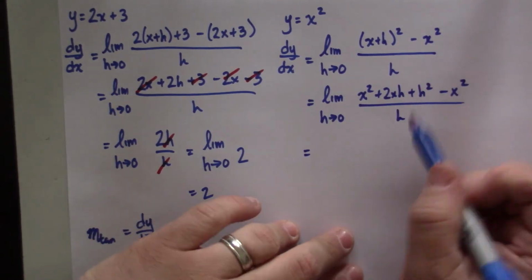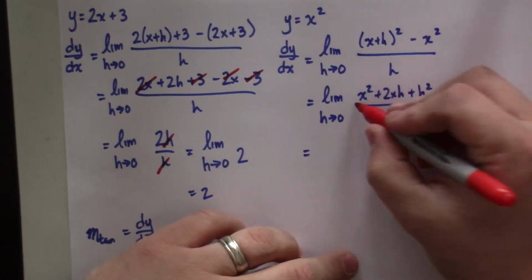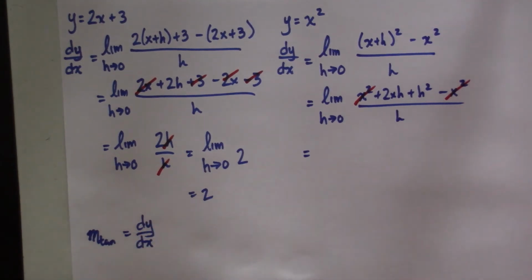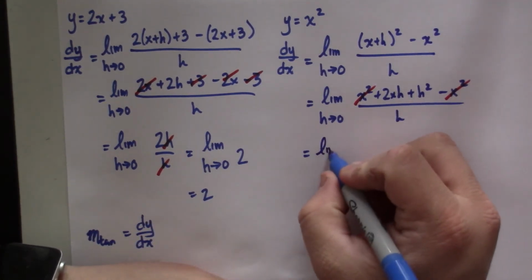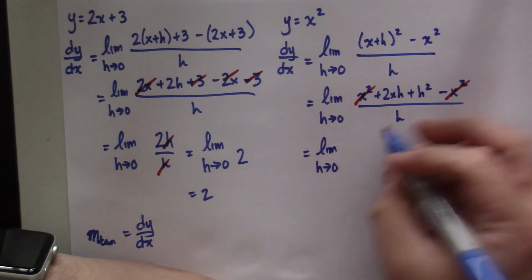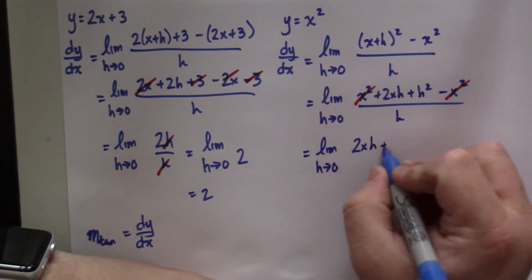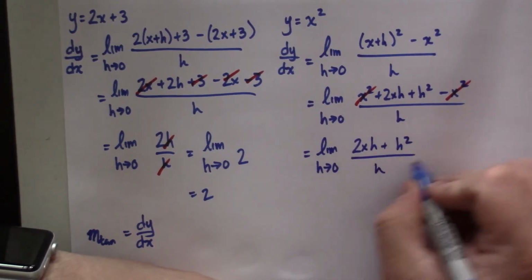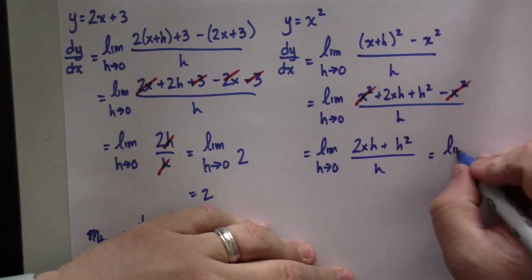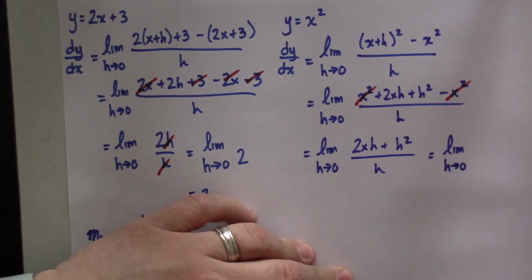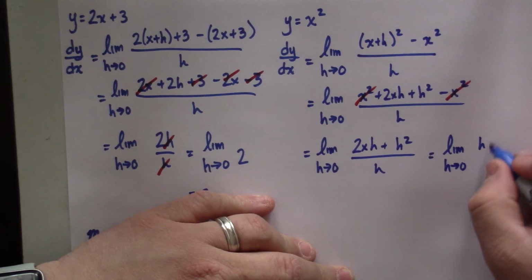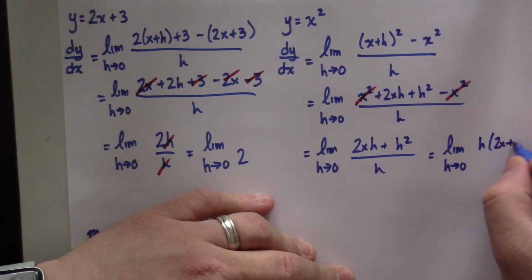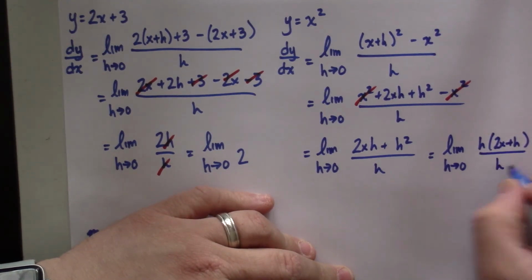Now, x squared minus x squared is 0. The limit as h goes to 0 of 2xh plus h squared over h is the same as the limit as h goes to 0 of h times 2x plus h all over h.